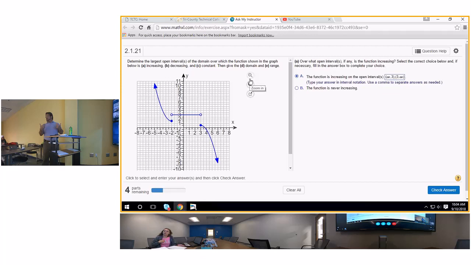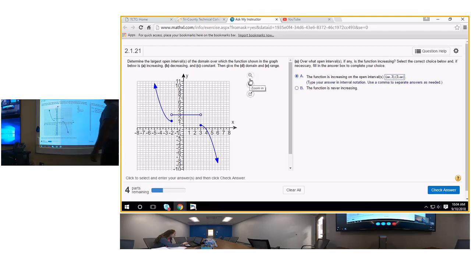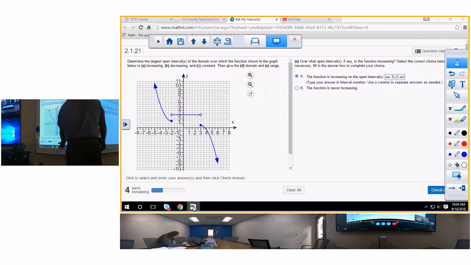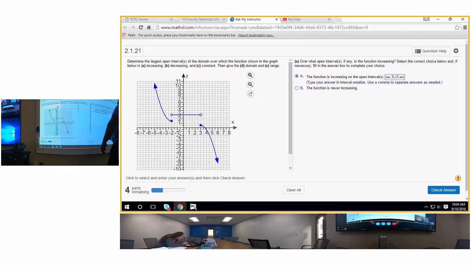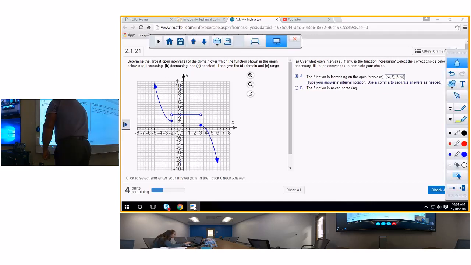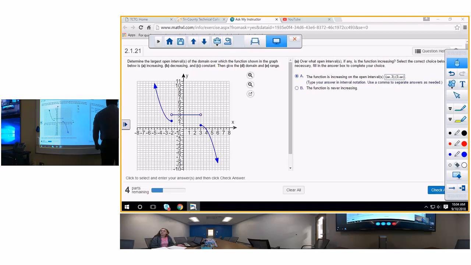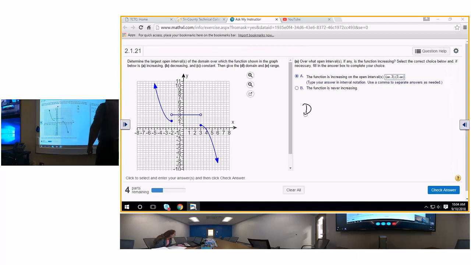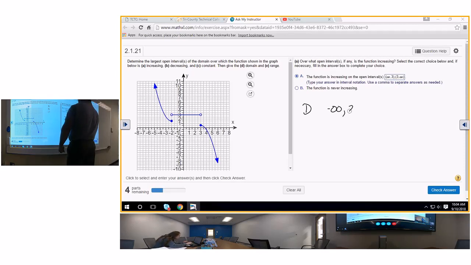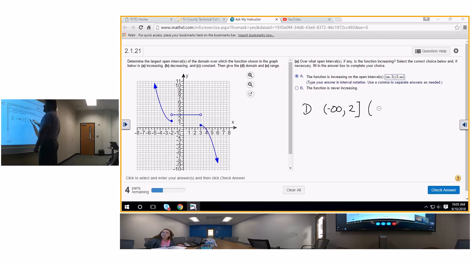Domain, x values. So even if you write the domain down in separate parts, let me do that right quick. So negative infinity. The domain, if I wrote it in separate pieces, negative infinity to what? 2, and that's inclusive because it's got a solid, and then parentheses, 3 to what?